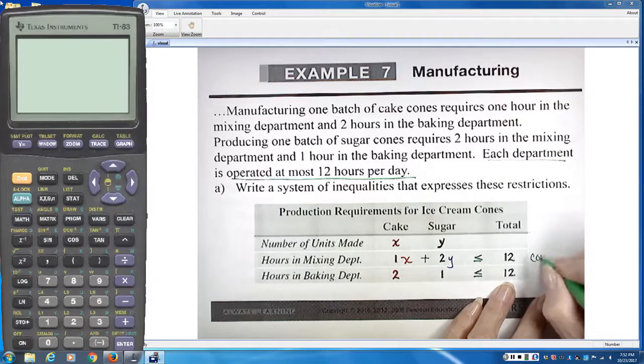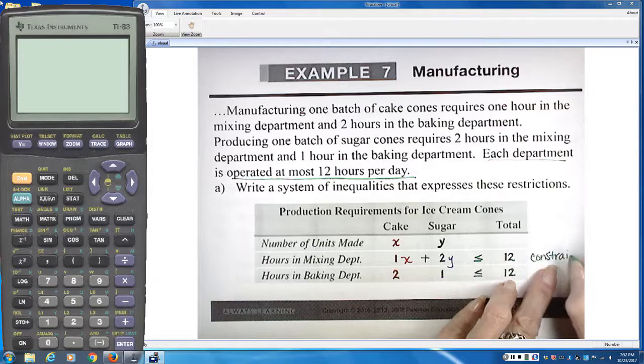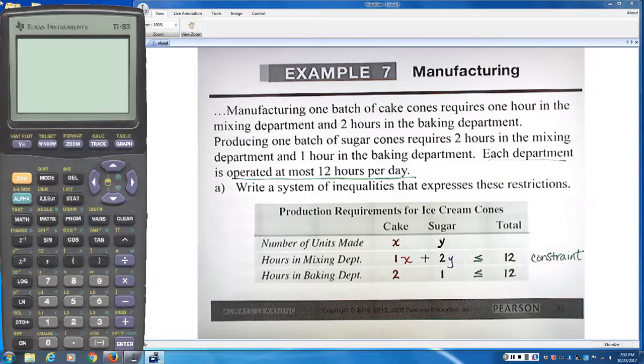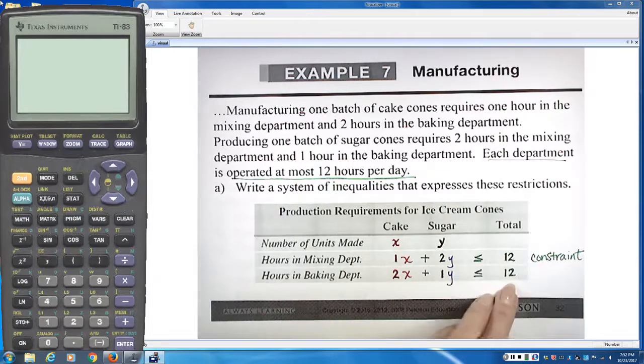That's the name of these. And then for our second one, 2x, 2 hours per cake cone, plus 1 hour per sugar cone is equal to or less than 12. So there's our second constraint.